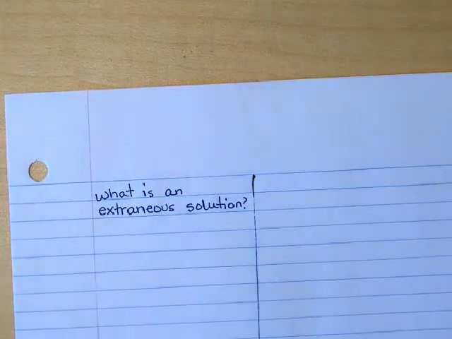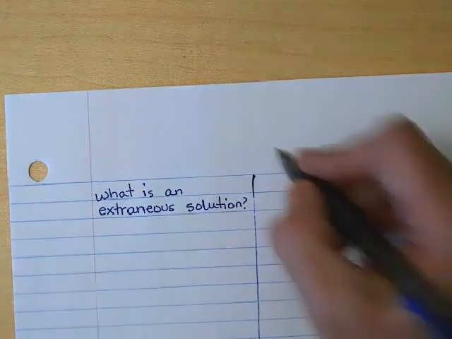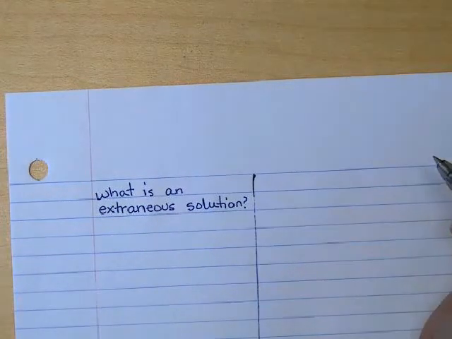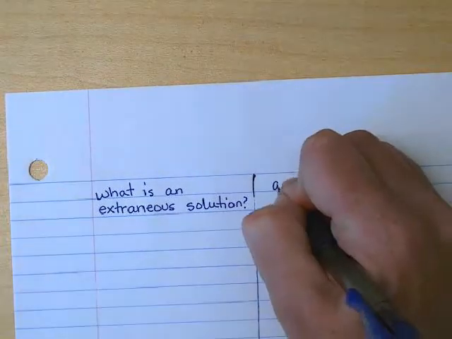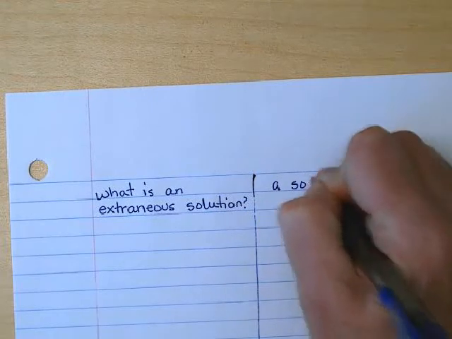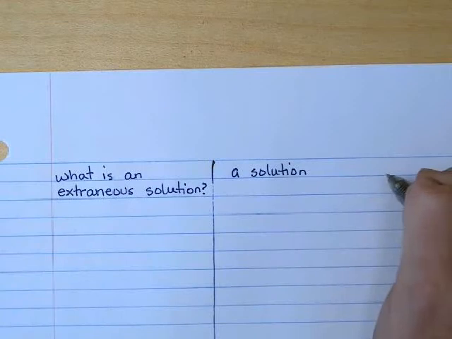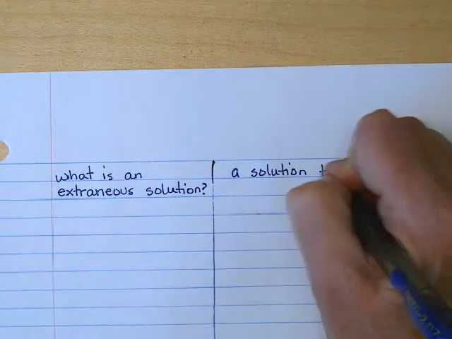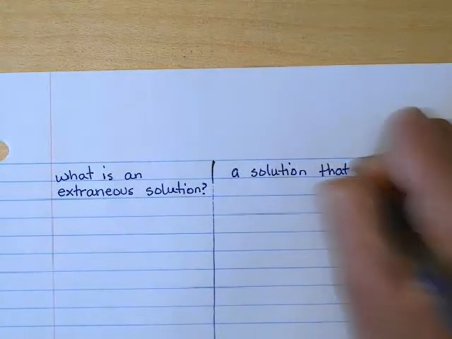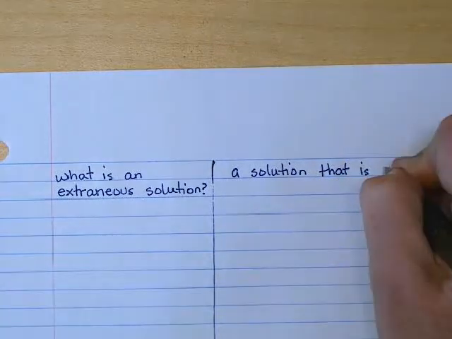So again, the higher up we go in math, what happens is we're doing the math correctly and we did everything right, but the answer doesn't work. Okay, and we call that an extraneous solution. So I don't know what the technical definition is. But a solution will say that is mathematically correct, like we didn't make a mistake.